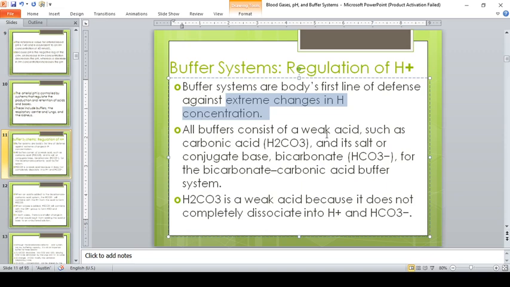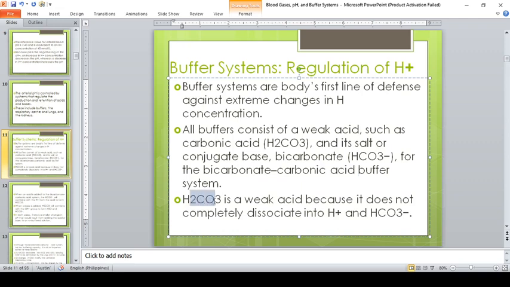All buffers consist of a weak acid. So, sa bicarbonate carbonic acid buffer system, okay, ang weak acid doon, that is the carbonic acid. Ang conjugate base naman dito is si bicarbonate. Ito yung base, ito yung weak acid, si carbonic acid. Okay? Nasa name naman niya, carbonic acid, that is a weak acid.